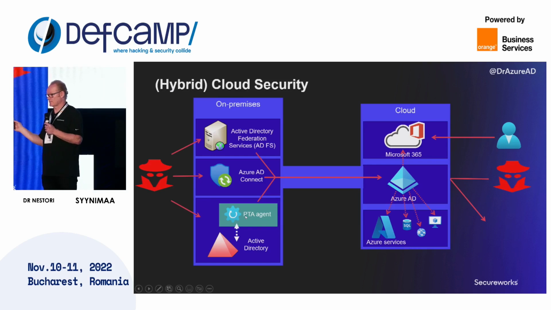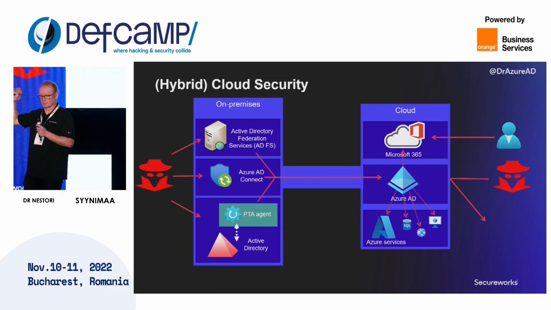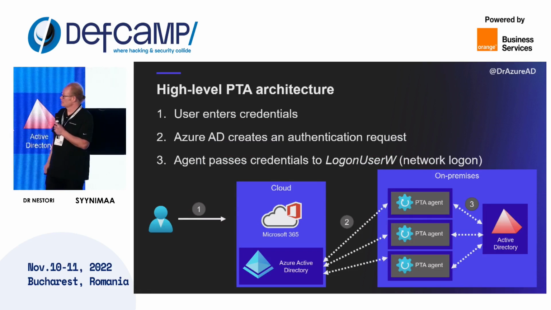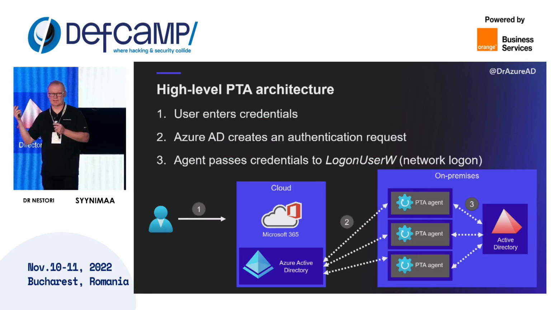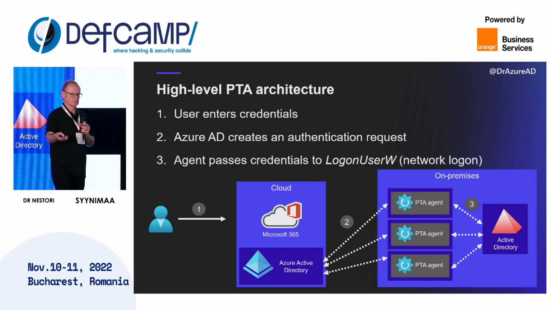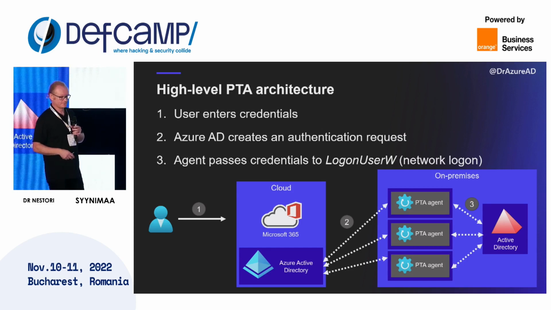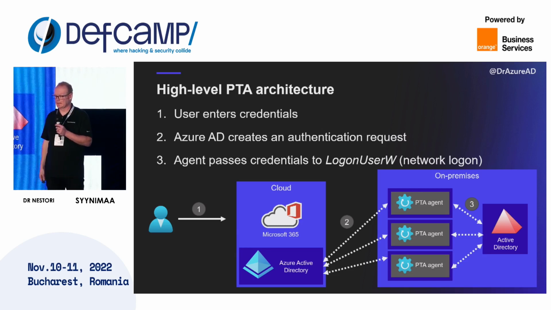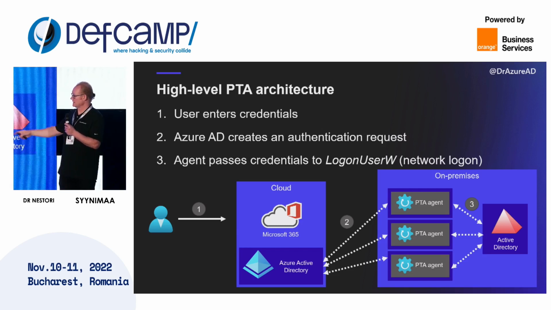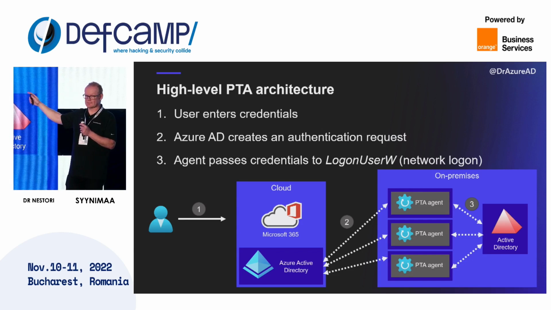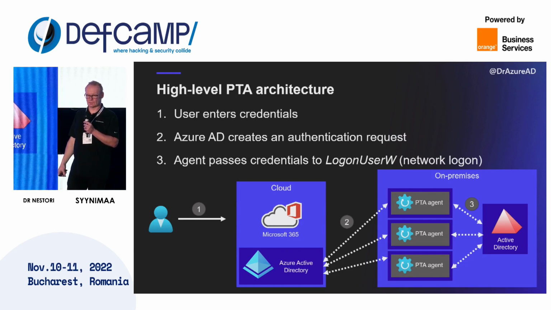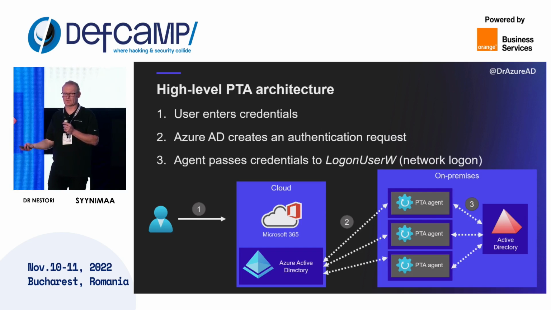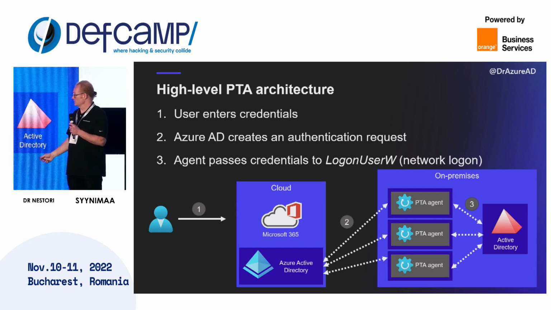Talking about PTA, let's go to the high-level architecture, so how it works. When users try to log in to an organization that is using PTA, they type the credentials, username and password, in the cloud. Then Azure AD sends those credentials to agents that are installed in your on-prem environment. They need to be installed on domain-joined servers, which are right here.